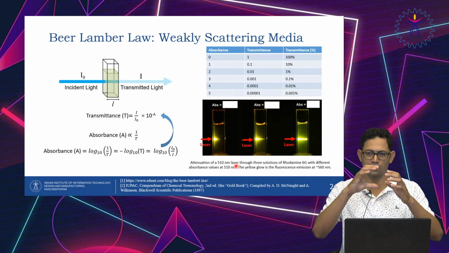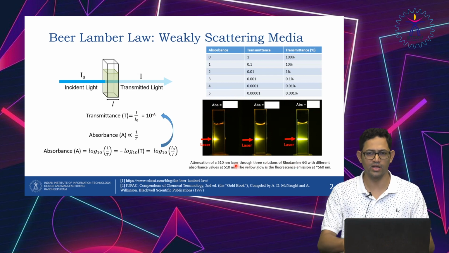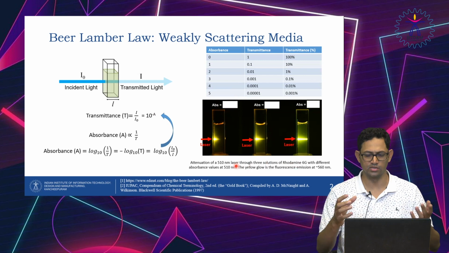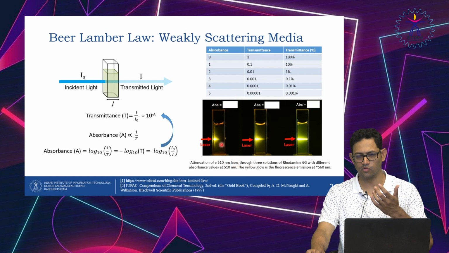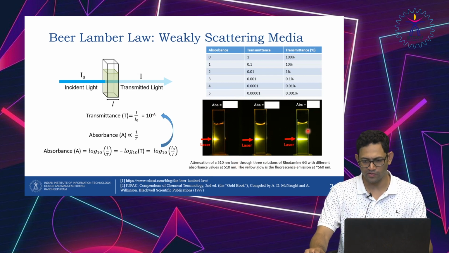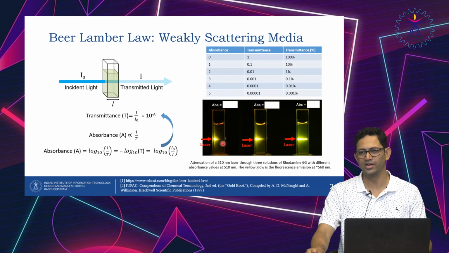If I use a filter which omits my original light source, that is 510 nanometers, then I can only see the red light, that is around 620, 630 nanometers. So now I assume that I'm only seeing the fluorescent light coming out of it, and you can see that there are three different cases. In the first case the light is not able to propagate through much of this, it completely gets absorbed.